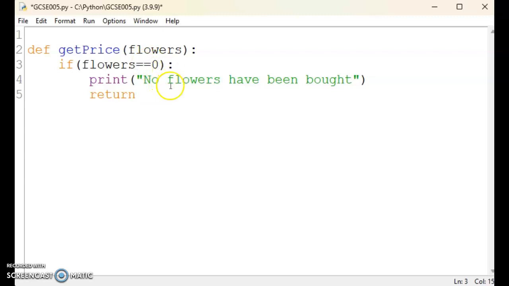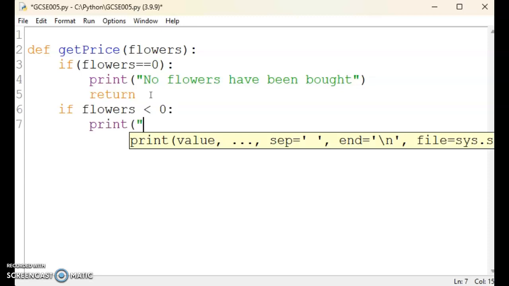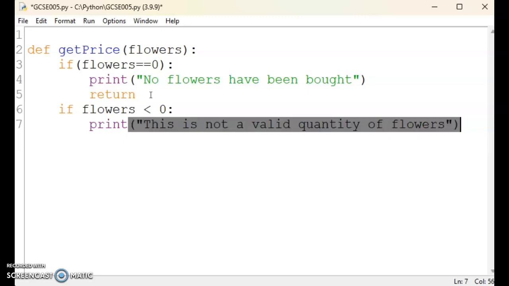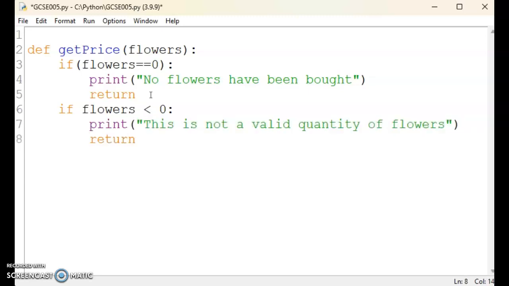We could say that if flowers is equal to 0, then that, and if flowers is less than 0, then we could print an error message to say this is not a valid quantity of flowers, and then we can use the return keyword to eject and get out of the function. These brackets are actually surplus to requirements, and I'll just take them out.